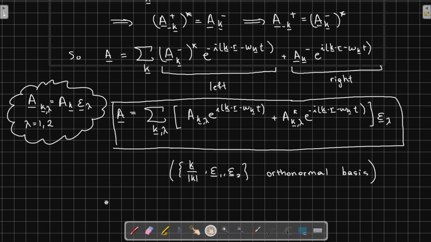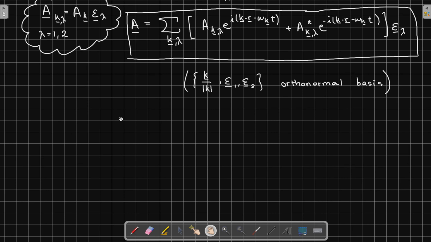Wonderful. Now, we have found the vector potential. This allows us to find the Hamiltonian of the system. The classical Hamiltonian of an electromagnetic field is this integral over space. It's epsilon_0 times the magnitude of the E field squared plus 1 over mu_0 times the magnitude of the magnetic field squared, integrated over space.